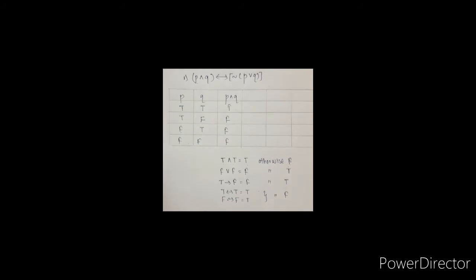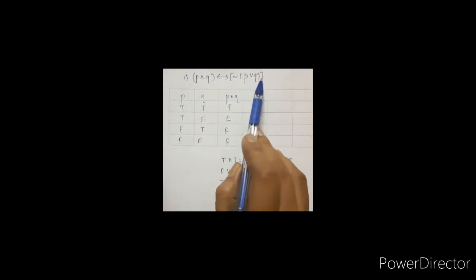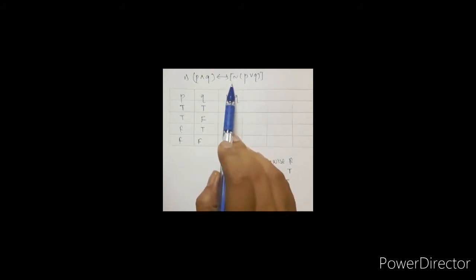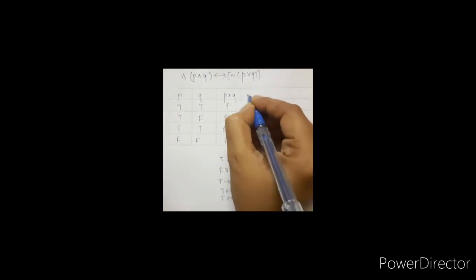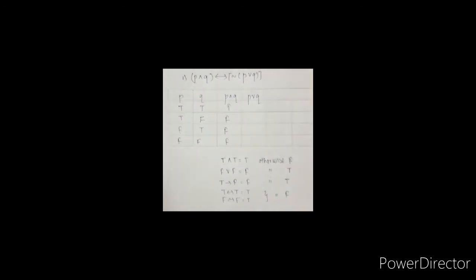Now let's move to the second bracket. So this is our second bracket. Let's solve the internal bracket first, and then we'll come back to the complete bracket. In this bracket we have P or Q. Now for OR, that is disjunction, only if both are false, it is false. Otherwise, for all other cases, it is true.